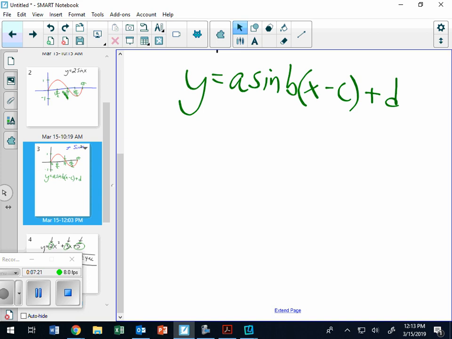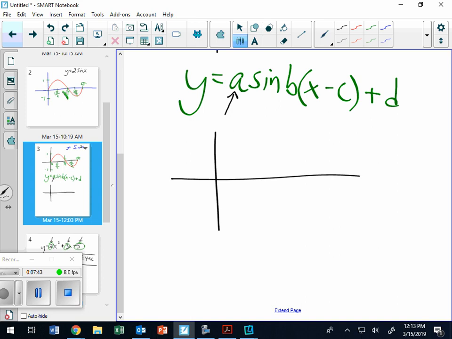Okay, so A is your vertical stretching spot, or shrinking if it's like a fraction. And that's called the amplitude. In these, we have slightly different naming than we did under the old system with like just a parabola. That's called amplitude. And what amplitude is when you see a graph that's like a sine graph and it's going like this, amplitude is how high it goes.